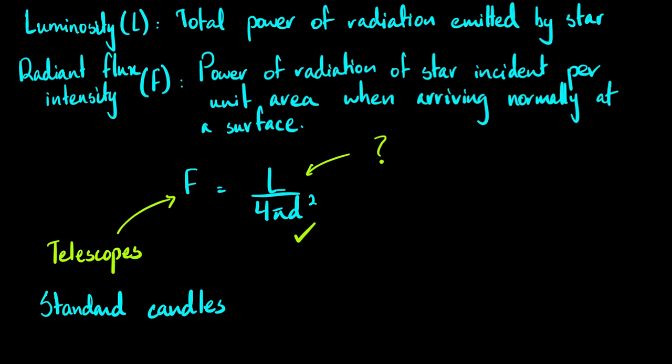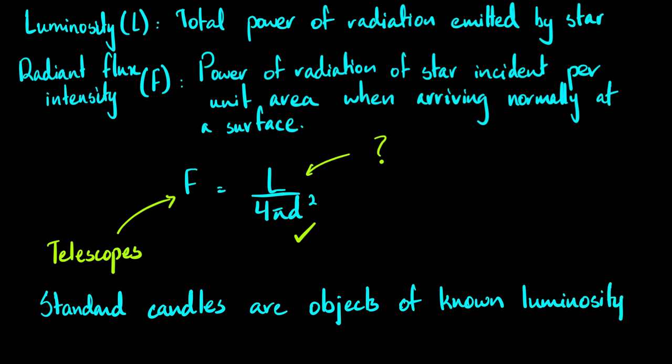So standard candles are objects of known luminosities. Once you know the luminosity of a standard candle, then using this formula you can just rearrange it to find the distance of that standard candle from Earth as well.